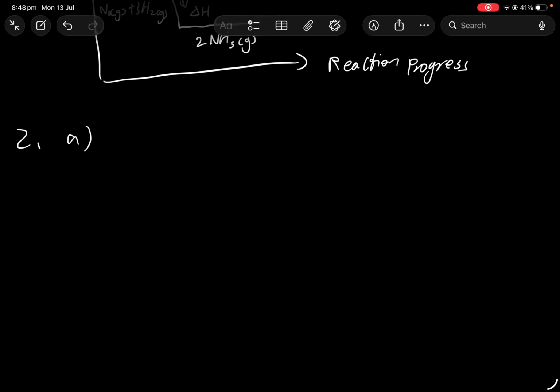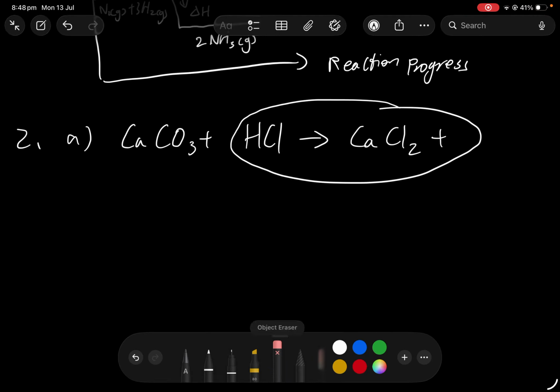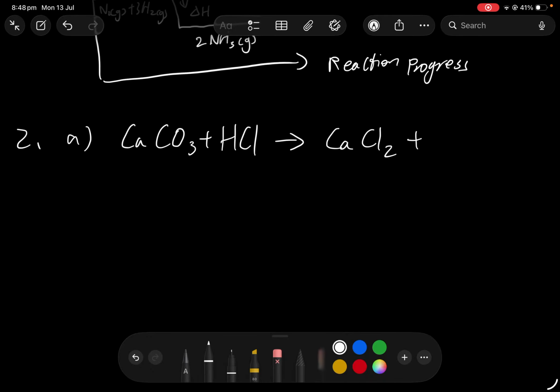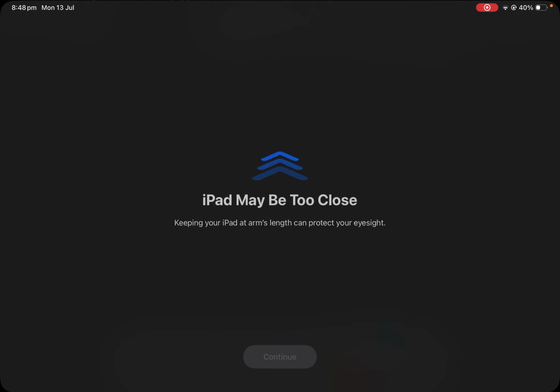So basically it's calcium carbonate plus hydrochloric acid, and because it's like an acid-base reaction, it becomes calcium chloride, CaCl2, plus carbon dioxide, CO2, plus H2O. Let's see if it's balanced.